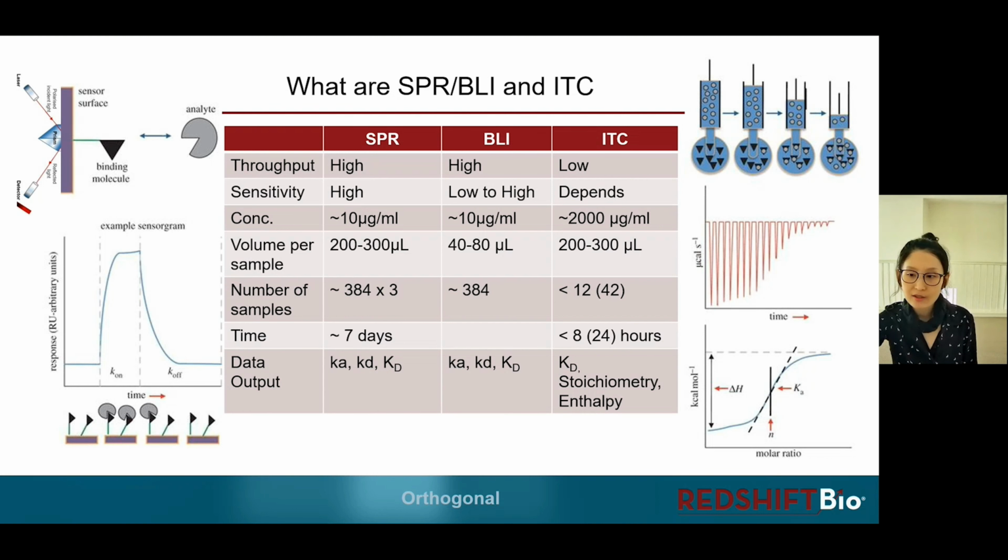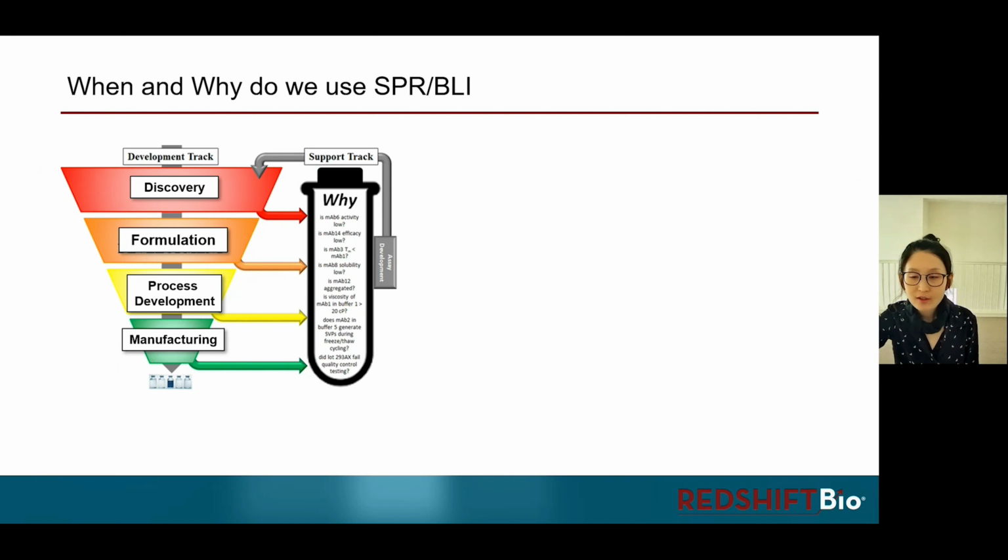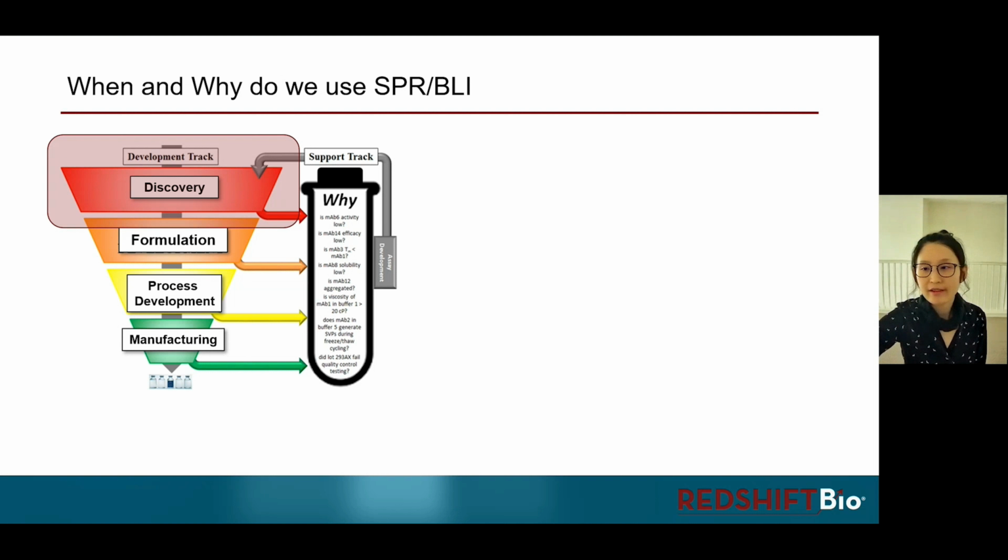So now it leads to the next question: when and why do we use them respectively? So first, when and why do we use SPR or BLI? The answer is in the early discovery phase. Biopharma companies usually have an important group dedicated to binding affinity screening, because there's nothing we can talk about if your candidate molecule doesn't bind well.